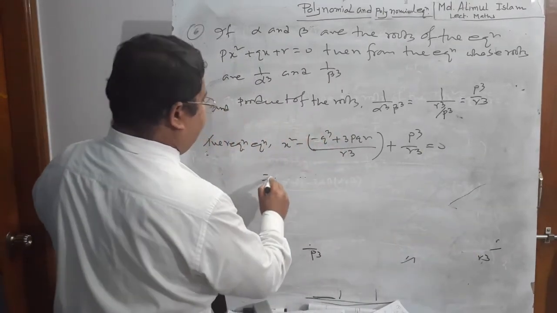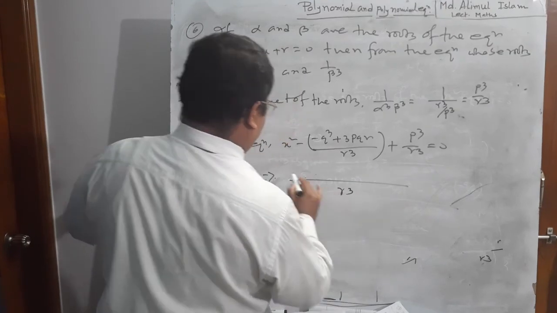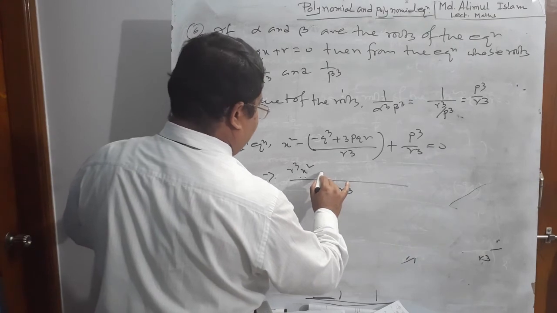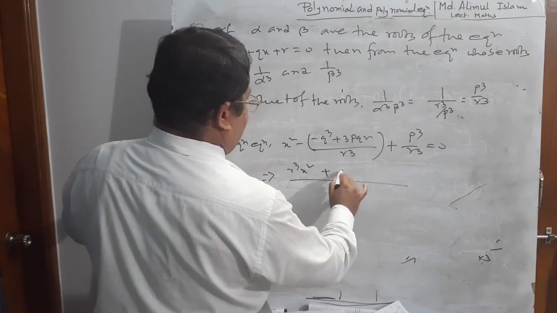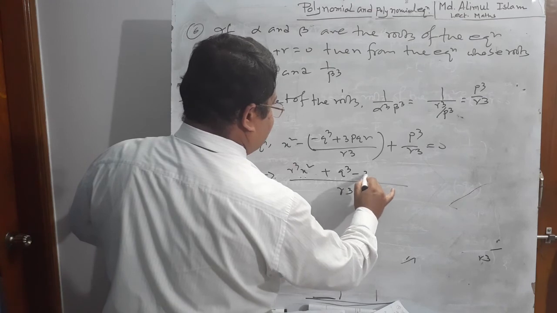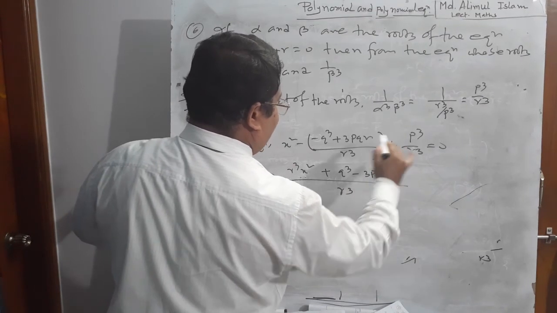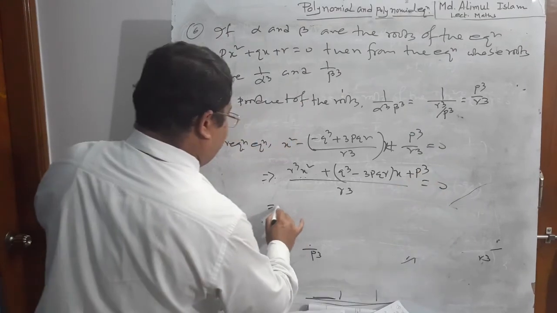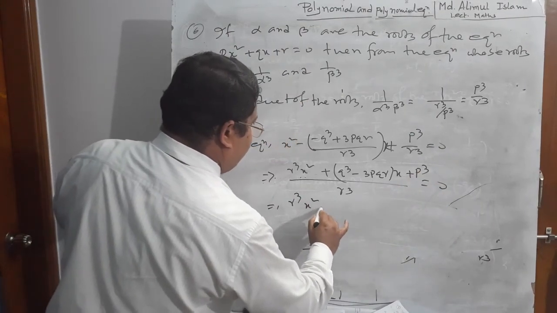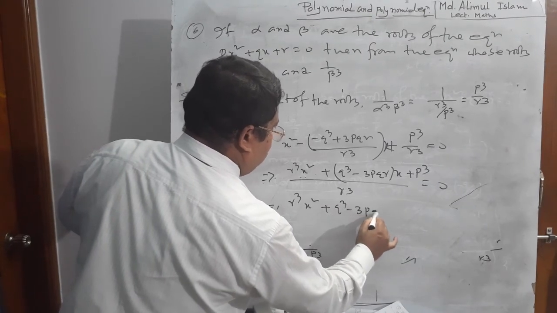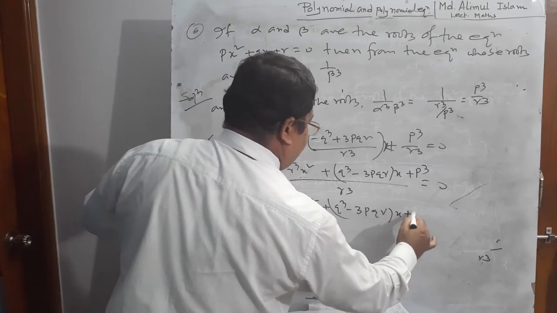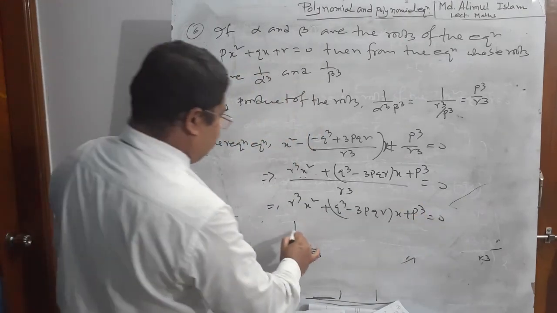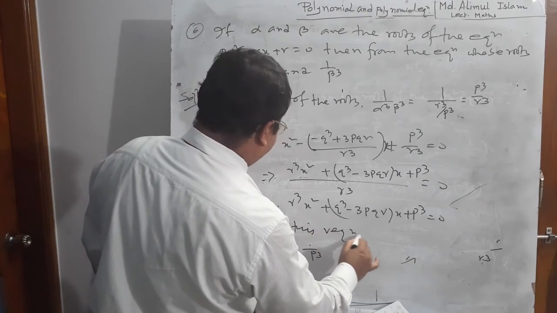Then multiplying by r³, we get r³x² + (q³ − 3pqr)x + p³ = 0. This is the required equation.